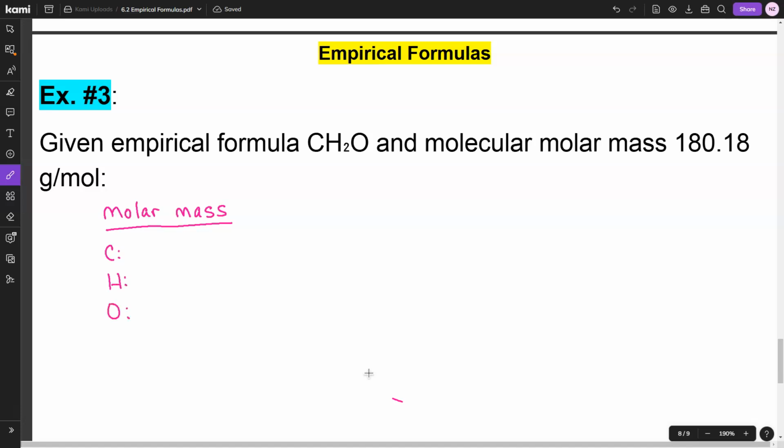So carbon is 12.01. Hydrogen is 1.01. There are 2 of them, so I'm going to multiply that. That'll give me 2.02. And then oxygen is 16. So if I add all those up, I end up with 30.03 grams per mole.